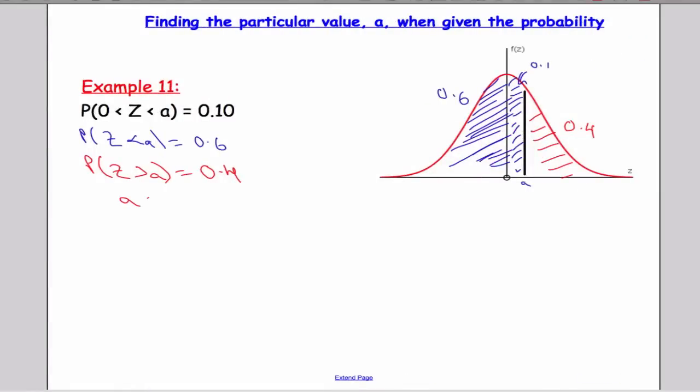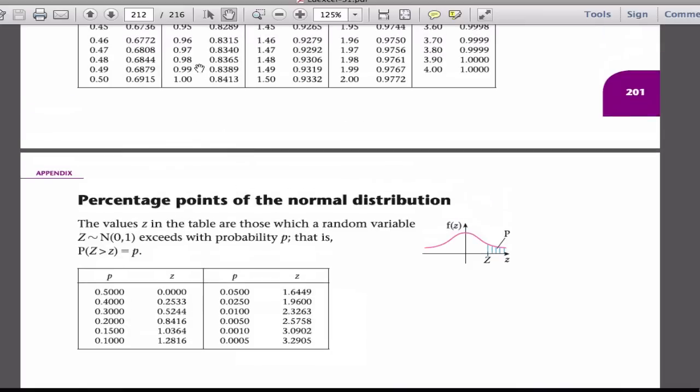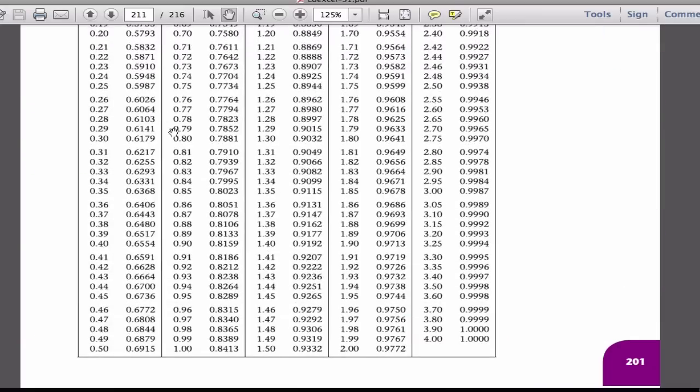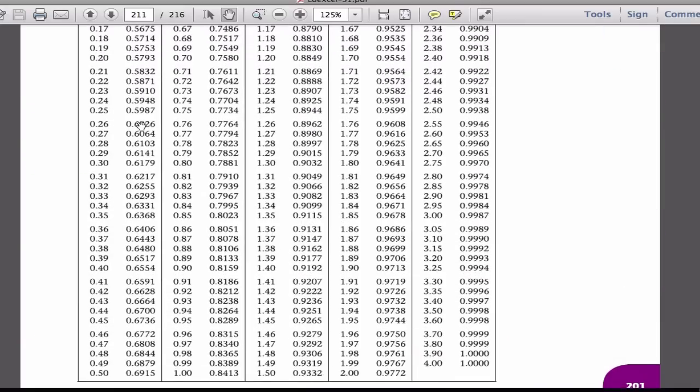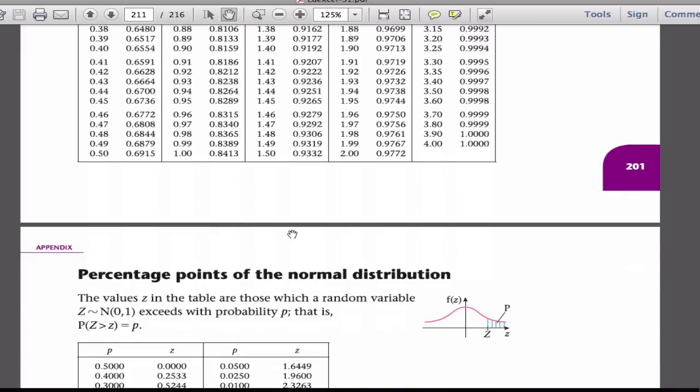So a must be equal to 0.2533. And you'll notice that 0.2533 should be somewhere between this one 0.06, which is what we were looking at earlier, and 0.59. 0.2533 is somewhere in there. We're actually getting a more accurate answer.